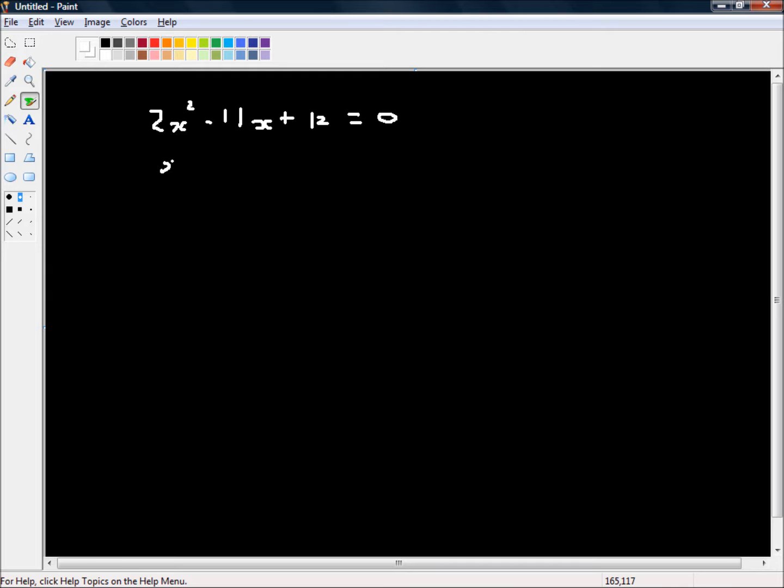So that gets us our x squared on its own. So it's x squared minus 11 over 2x plus 12 over 2, which is 6, and that's equal to 0.